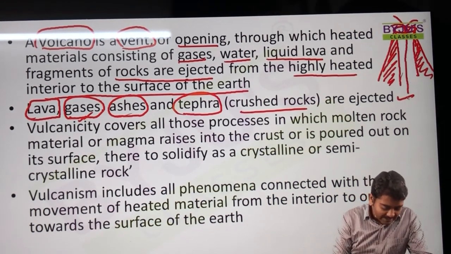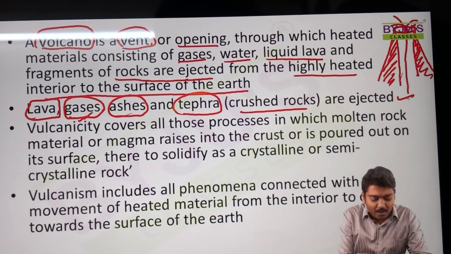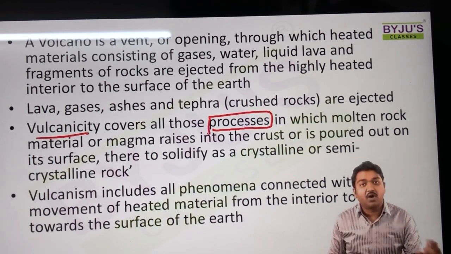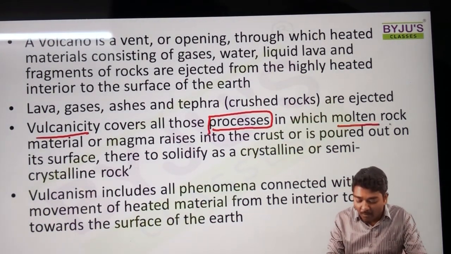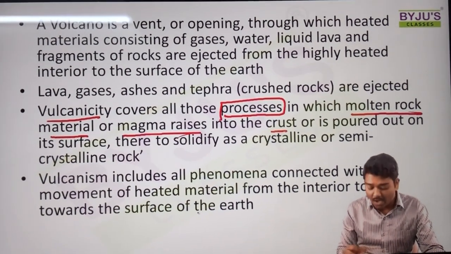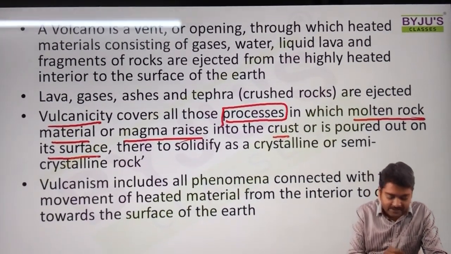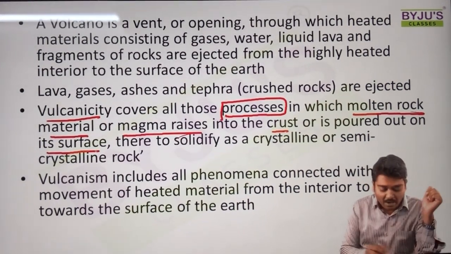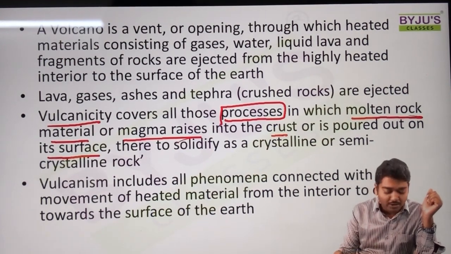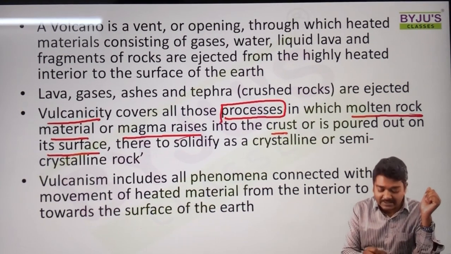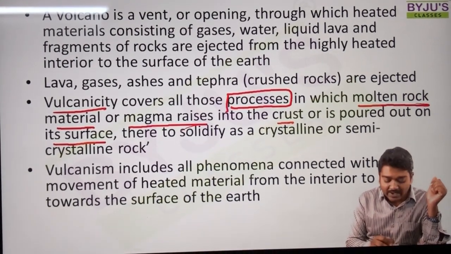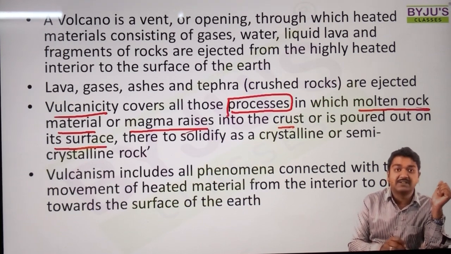Then what is vulcanicity? You would have heard the term. Vulcanicity covers all those processes in which molten rock material or magma rises into the crust or is poured out on its surface, there to solidify as a crystalline or semi-crystalline rock.